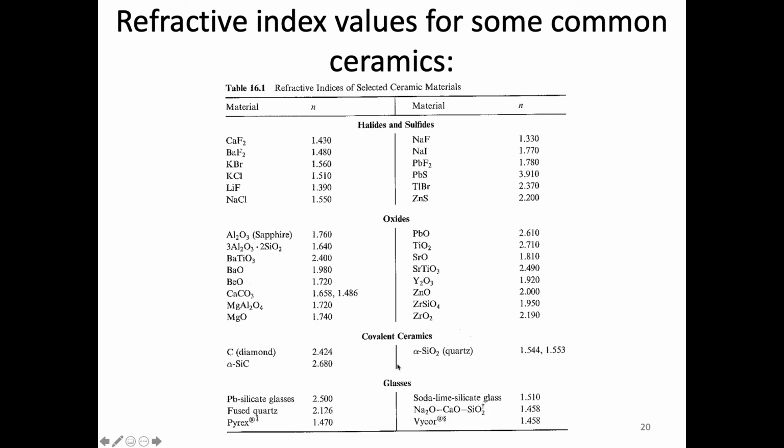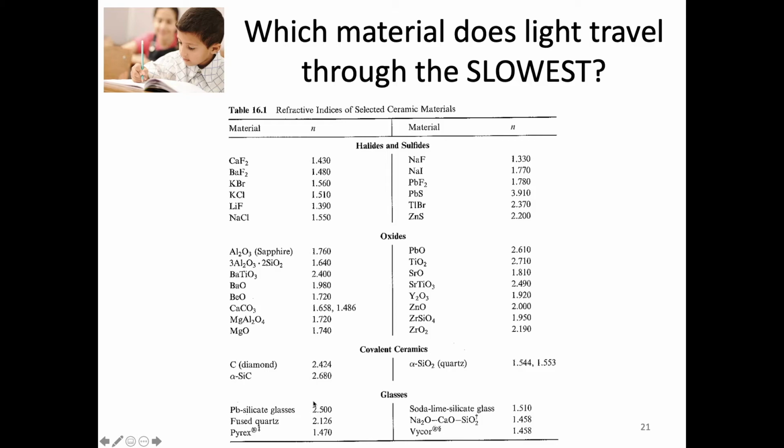If we look at covalent ceramics, those can be a little higher. And then we have glasses, which are frequently used as optical materials. And you can see, again, close to 1.5 all the way up to 2.5. So now what I want you to do is, again, relate this back to the relative change in direction, but see if you can come up with what this means about the relative velocities of light in these various materials, assuming that we're all referencing vacuum as the incident material.